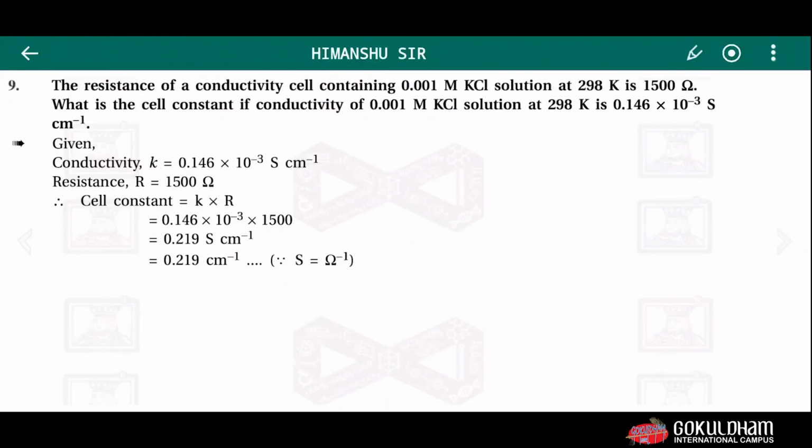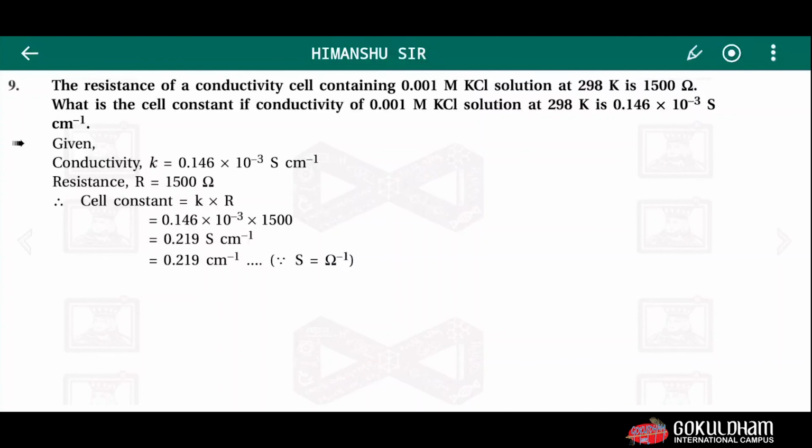The resistance of a conductivity cell containing 0.001 molar KCl solution at 298 Kelvin is 1500 ohm. What is the cell constant if the conductivity of 0.001 molar KCl solution at 298 Kelvin is 0.146 into 10 raised to minus 3 Siemens per centimeter?